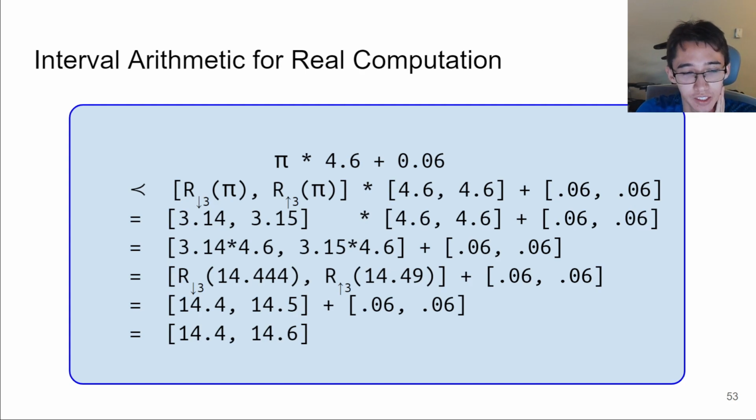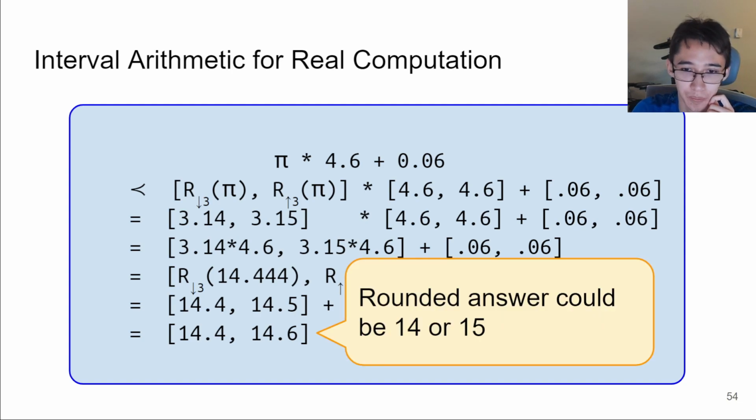And the interesting thing here is that we know the true answer is between 14.4 and 14.6, but we don't know where in the interval it is. So if we rounded the answer, it could be either 14 or 15, because the true real computation could be 14.4, in which case it would round down to 14, or it could be as high as 14.6, in which case it would round up to 15.